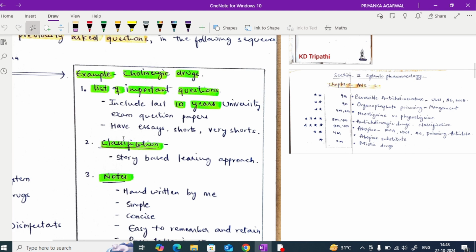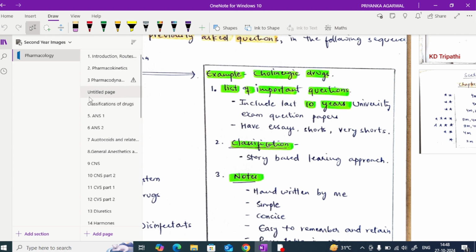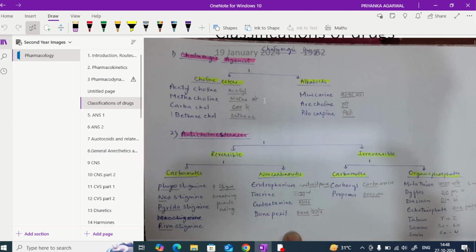Okay, so for the classifications and the notes, I will take you back to this notebook. So let us see the classifications first. So you can see the classification of cholinergic drugs here. We will study the classifications in a story-based approach.